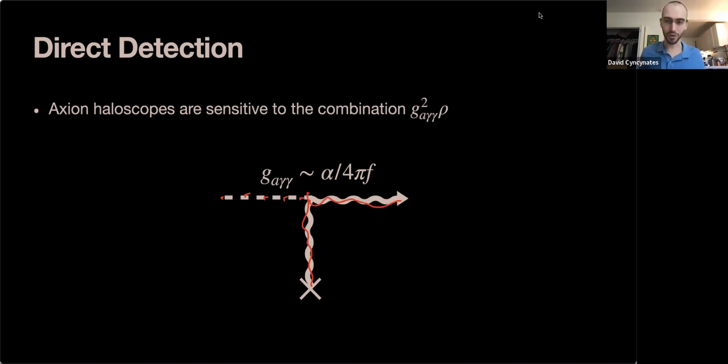The flux of outgoing photons is proportional to the axion-photon coupling squared times the ambient axion energy density. So this figure, g_aγγ squared times rho, is the figure of merit when it comes to axion direct detection.